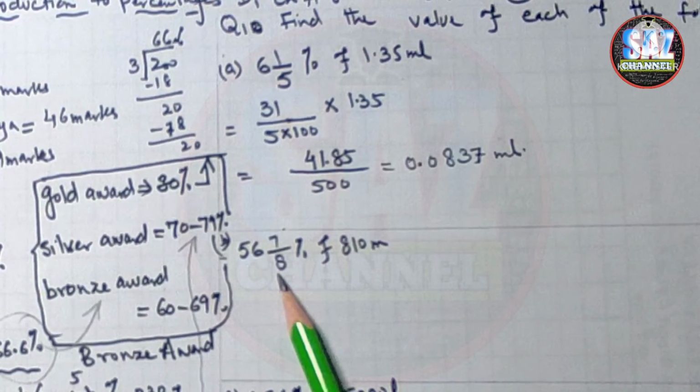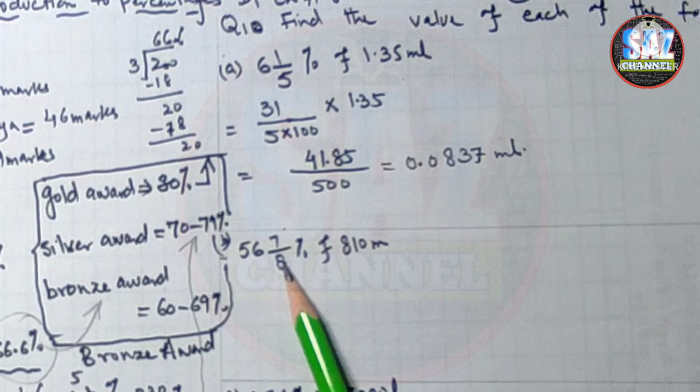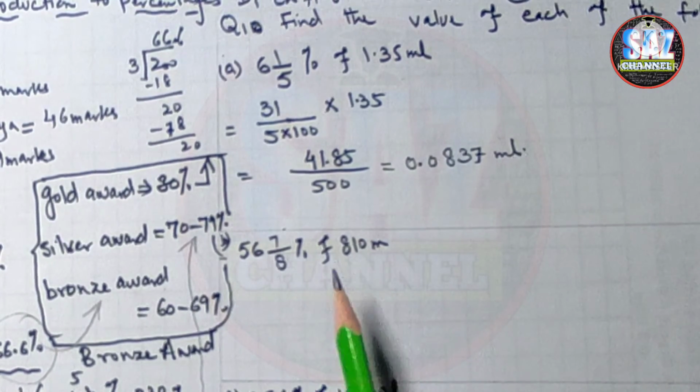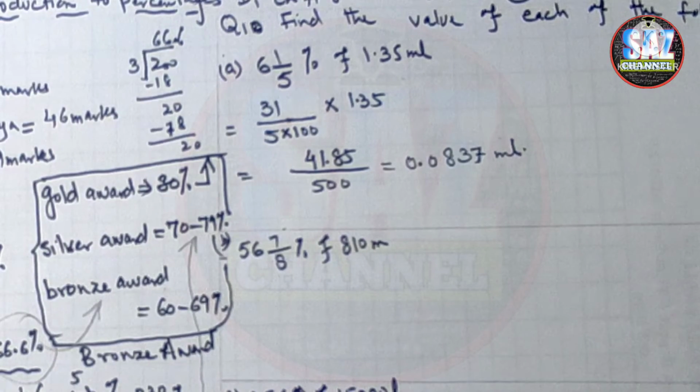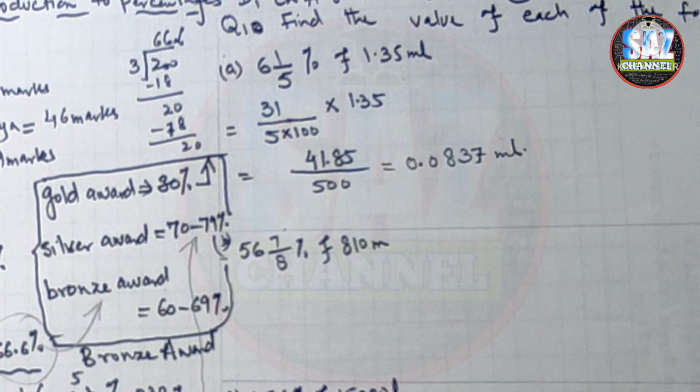56 whole 7 by 8% of 810. Again 56 whole 7 by 8 is a mixed number. First we have to transform it into an improper fraction by multiplying 56 by 8, and then I have to add 7 to that. This gives me 455.